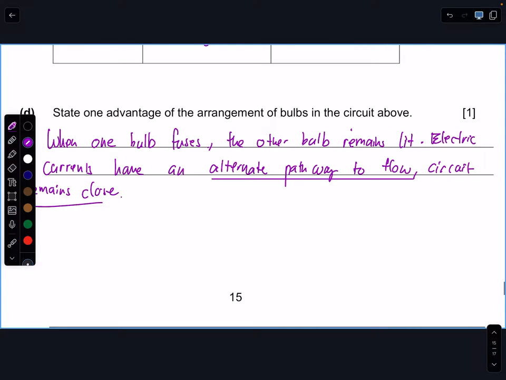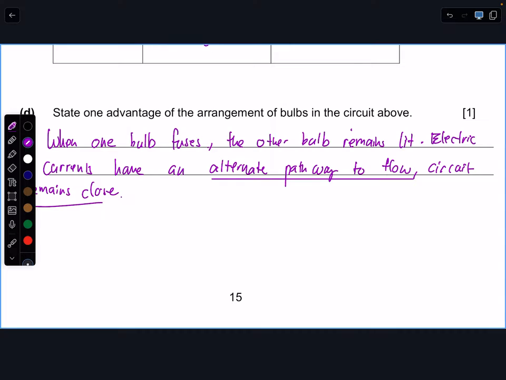So, a lot of you say, oh, same brightness. But you see, same brightness may not always be an advantage. It depends on the case. For example, what if you don't want your battery to run out so quickly? You think about it. So it depends on the scenario.